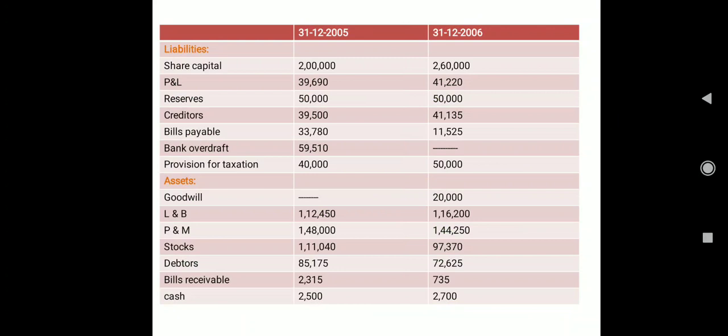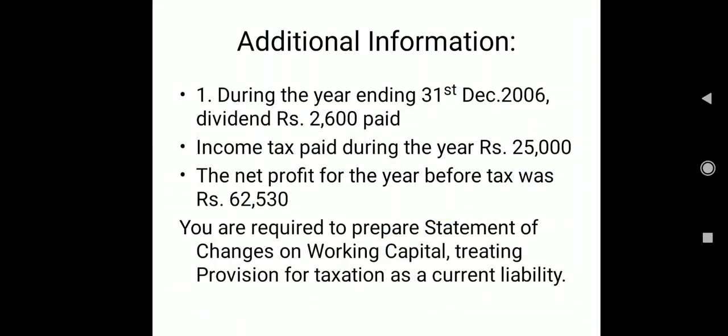After that we need to calculate fund from operation, and then we need to prepare the fund flow statement. So whatever current assets and current liabilities we have taken to calculate the changes in working capital will not appear in your calculation of fund from operation or in your fund flow statement. Now moving towards the solution.